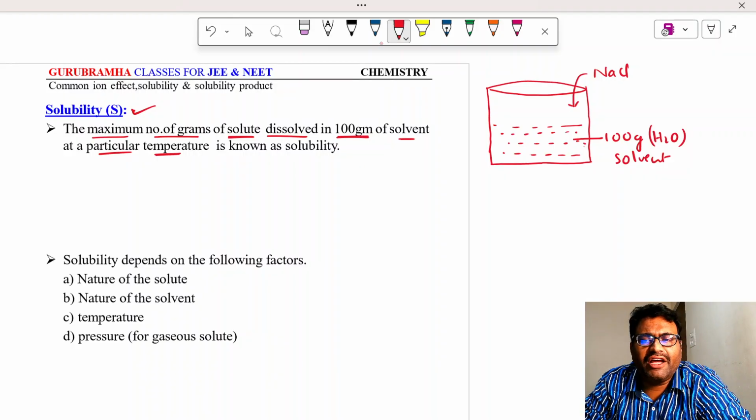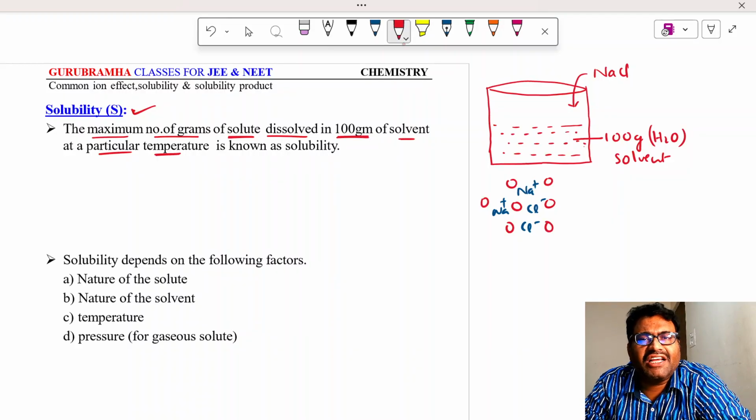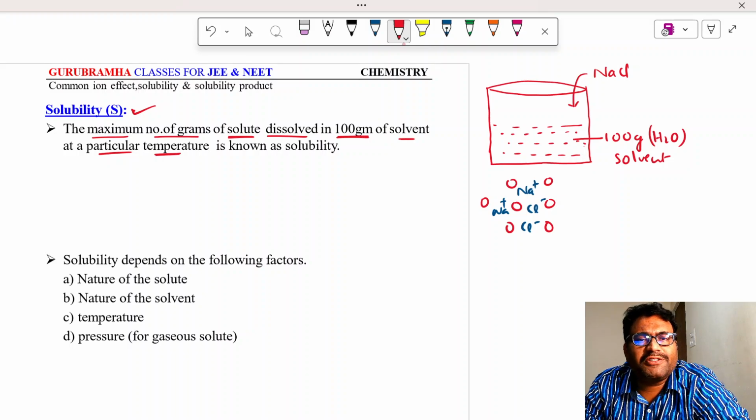So in this 100 grams of water, you will have water molecules. When you add NaCl, this NaCl moves into the intermolecular space: Na plus, Cl minus, Na plus, Cl minus. It enters into the intermolecular spaces, and the intermolecular space in the water will be up to a certain quantity.